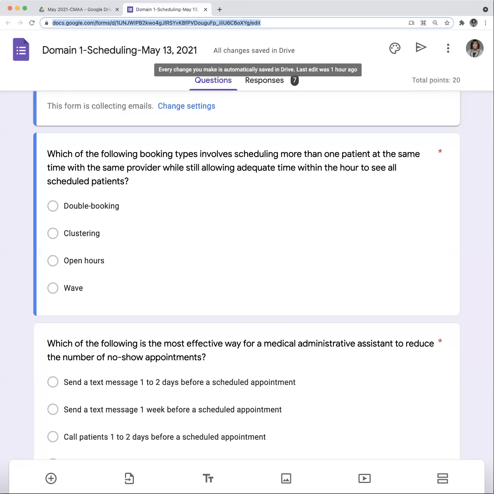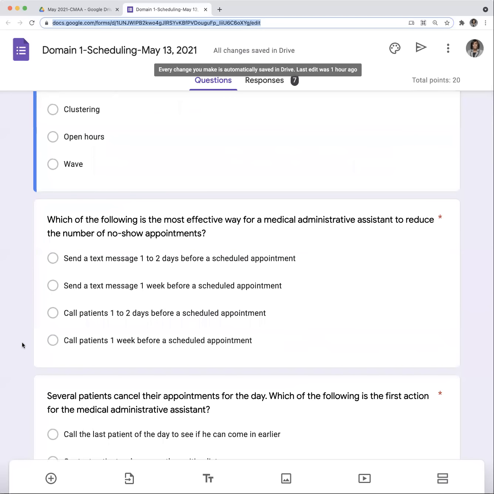Double booking is when two patients are scheduled to come at the same time to see the same provider. You're right. Some of y'all ain't read that packet.